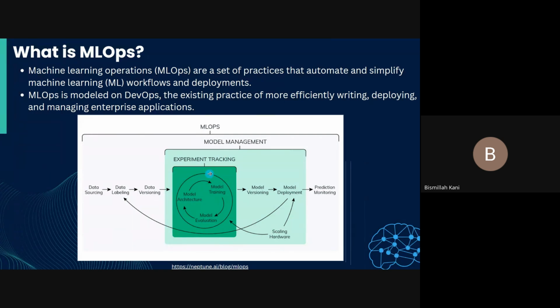Now, once we are ready with our model, we need to take it to deployment. But once we release the first version of the model, we keep improving it based on improvements in the data sets, or there may be feedback coming back from the users, and based on the feedback we will adjust the model's training or architecture, or collect some more data to come up with a much improved version of the model, right?